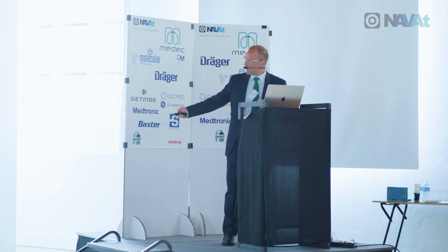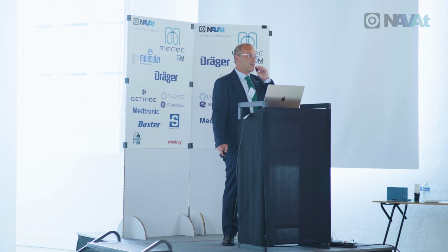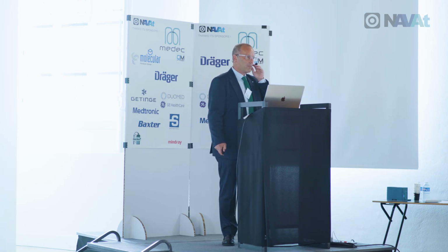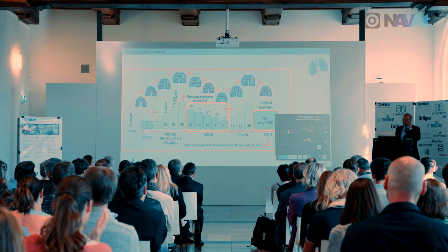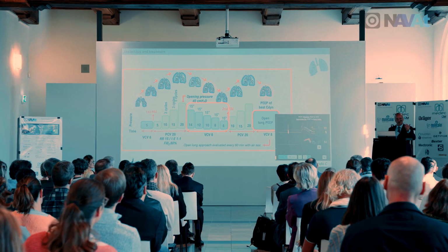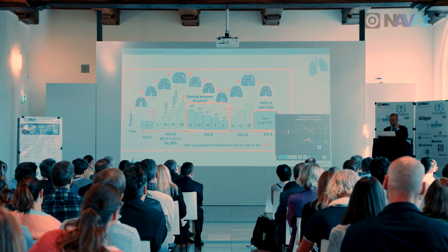So this point of highest compliance is the PEEP that I should select. This is what we call individualized PEEP, ideal PEEP. There are probably better ways to do it, but not with the monitors that we usually have in the ORs.